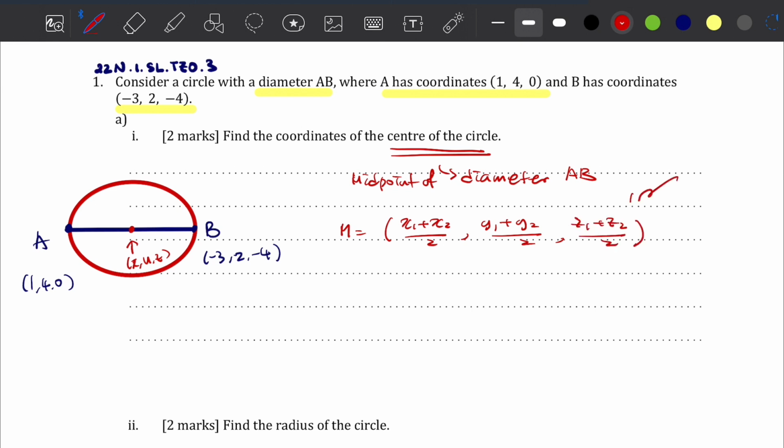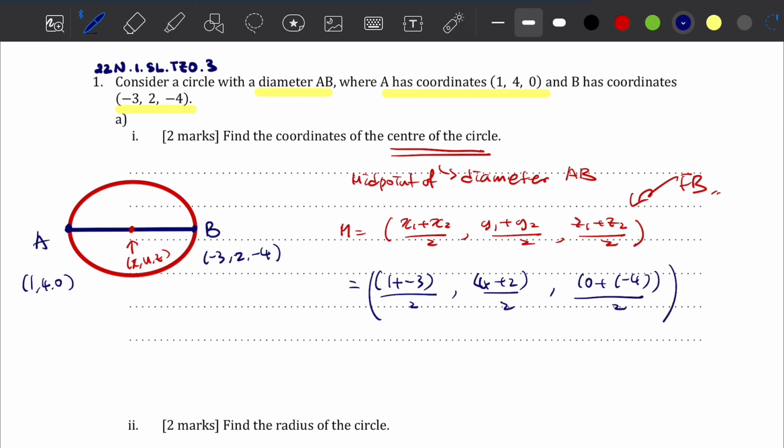This is in your formula booklet, right? So we can say 1 plus -3 divided by 2, 4 plus 2 divided by 2, 0 plus -4 divided by 2. Then we get -1, 3, -2, and this is the center of the circle.